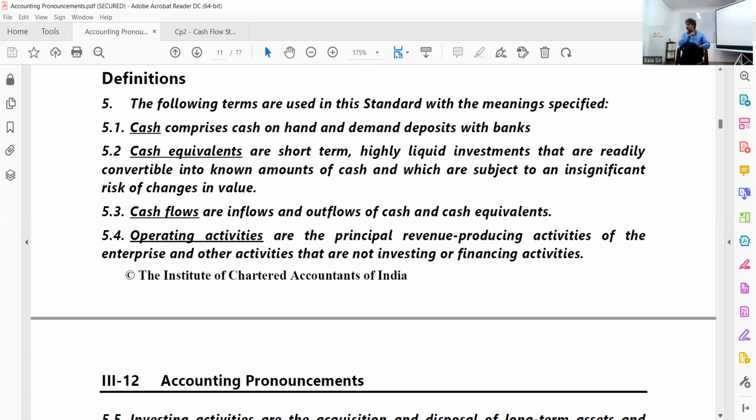I'll explain that. Also a purchase of current investments, but not cash equivalent. Cash equivalent is a different meaning altogether: very, very short term, less than 3 months life for those investments. Okay, but don't bother about that.